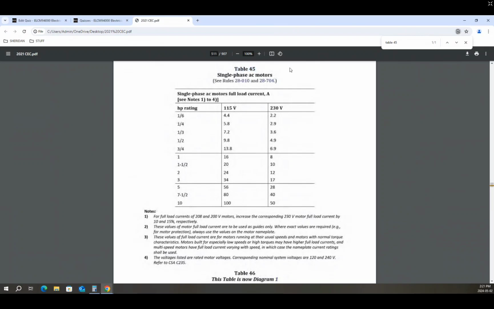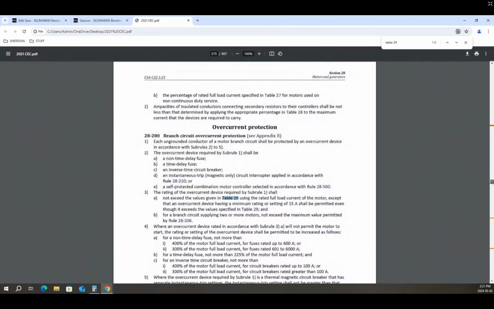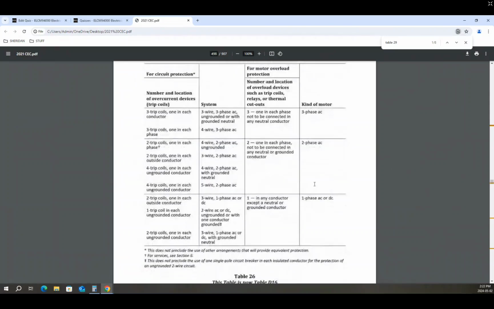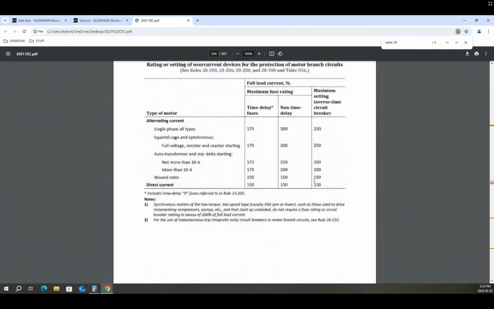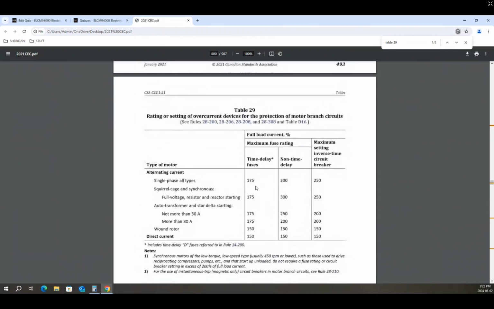And then I've got to go back to table 29. Okay, so single phase, all types, non-time delay fuses.